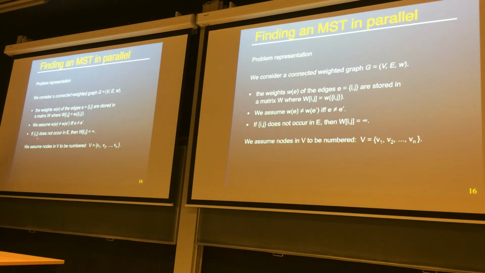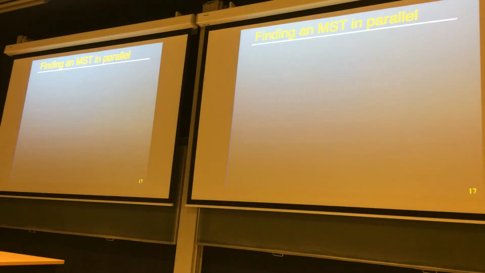And if the graph is not a complete graph, so if there are nodes that are not connected by an edge, then we will assume, given this matrix representation, that they are connected, but with infinite cost. So W_ij is equal to infinity. So you can make any graph a complete graph just by adding edges that have an infinite weight. And we also assume nodes in V to be numbered, and that makes it easier to talk about them.